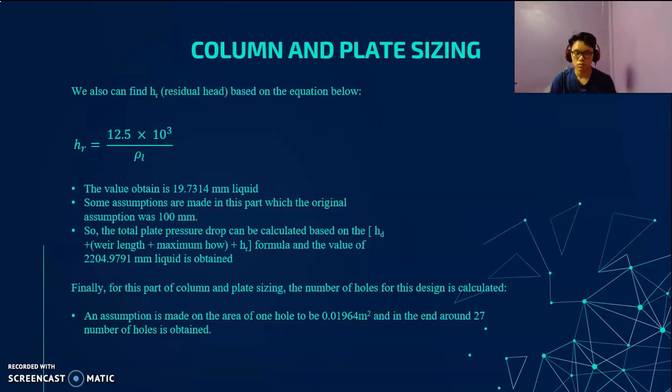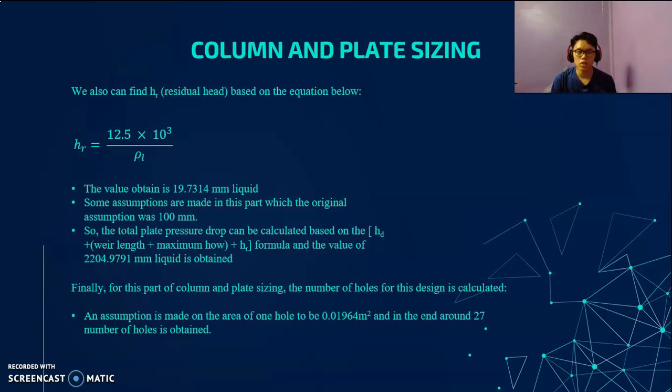The total plate pressure drop will be calculated based on hd plus, in brackets, weir height plus maximum how, close bracket, plus hr, the residual head. So that's the formula. The final value is going to be 2204.98 mm liquid.